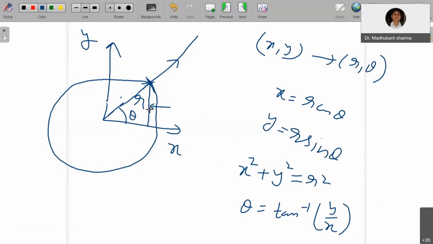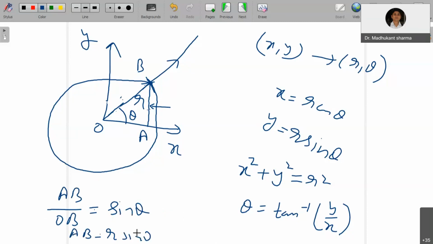So in triangle OAB, AB divided by OB is equal to sine theta. But OB is r, so AB is equal to r sine theta.